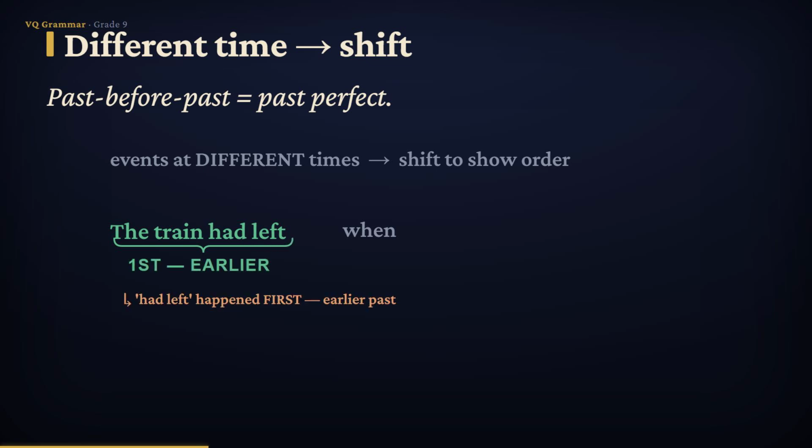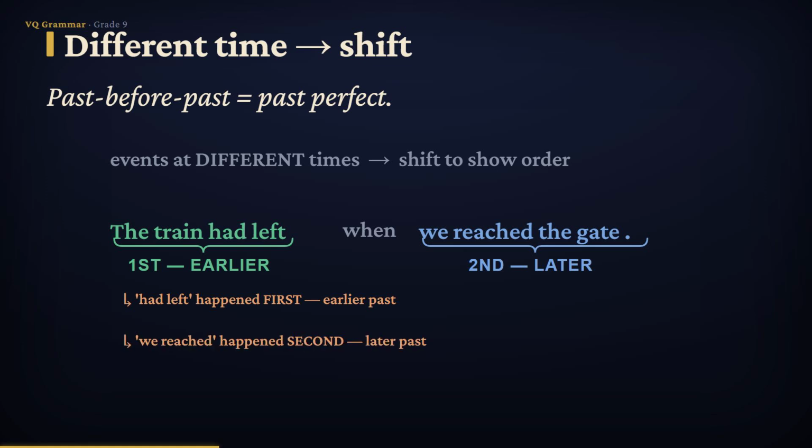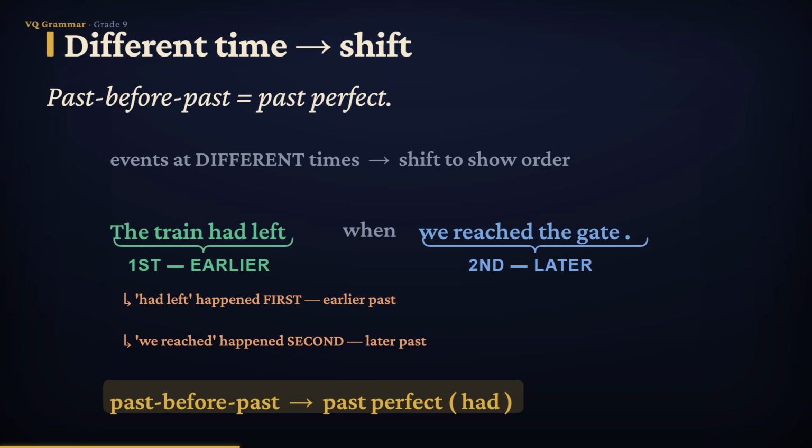That's the earlier past. Second, we reached the gate happened second, the later past. To mark that earlier action, we reach back to the past perfect from Lesson 36. Had plus a participle. Past before past becomes the past perfect.